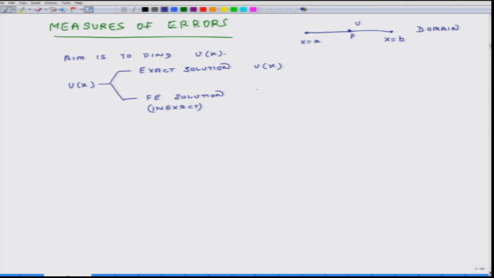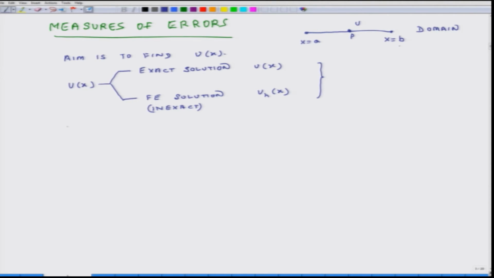I call this finite element solution u h, and this is also a function of x, and x varies from x is equal to a to x is equal to b. So, we have two solutions. One is the exact solution which is u of x, and the other is the inexact solution which is u h as a function of x.